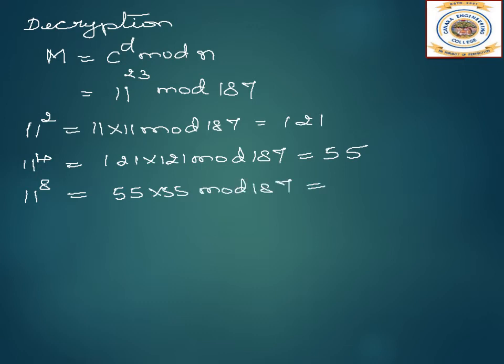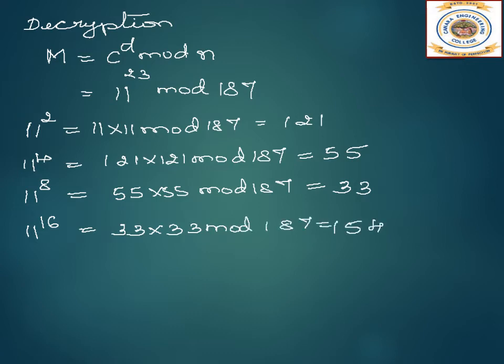So this will give us 33. Next will be 11 to the power 16. 11 to the power 16 is 11 to the power 8 into 11 to the power 8. So that is 33 into 33 mod 187. So this will fetch us 154.